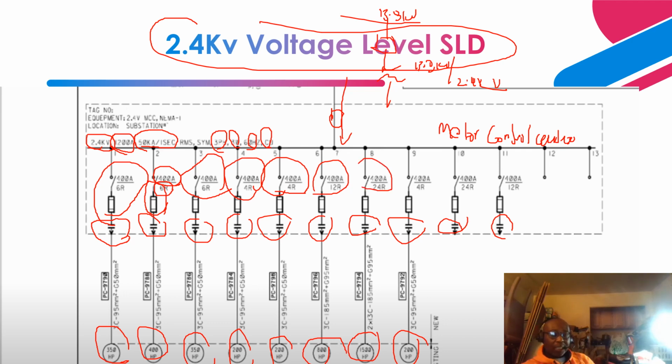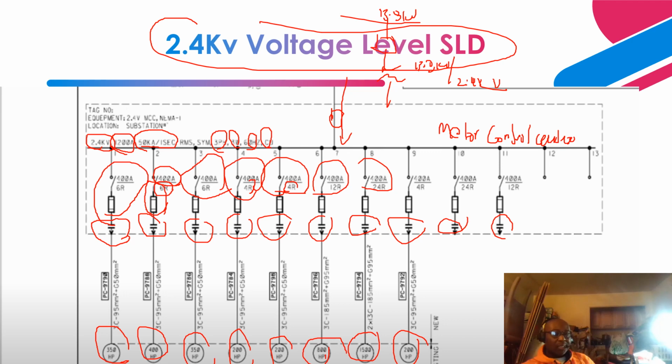The fuse rating is all based on the horsepower. 800 horsepower is 12R, 200 horsepower is 4R, 350 horsepower is 6R, and 400 horsepower is 6R.